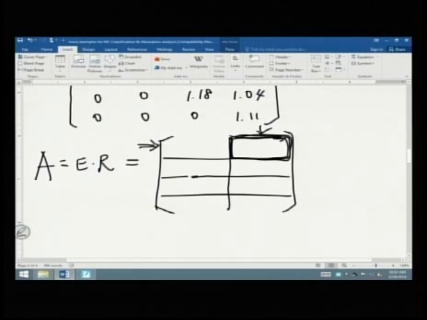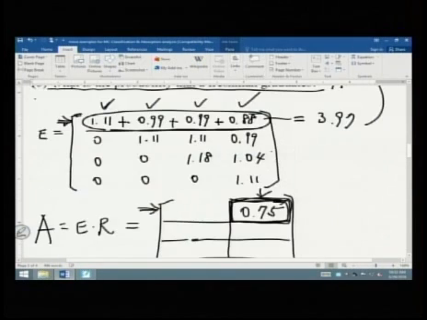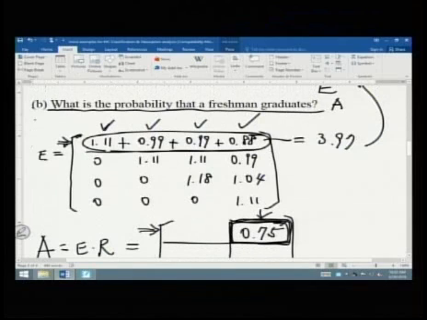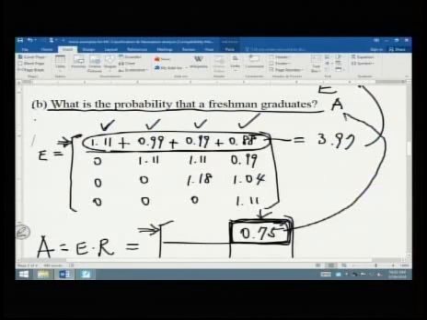Does anybody have that value? 0.75. So there is a 75% chance. That's going to be the answer for this. Does that make sense?